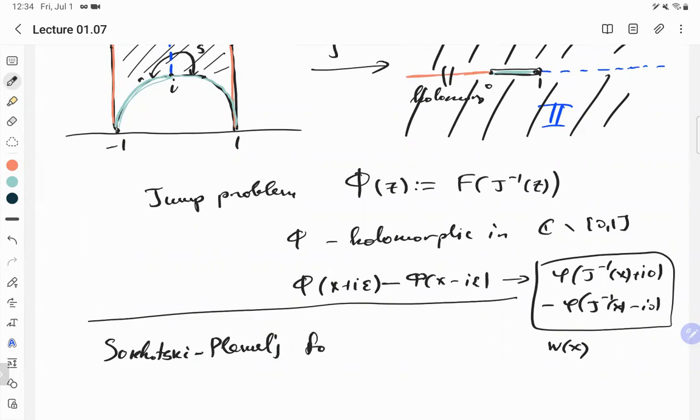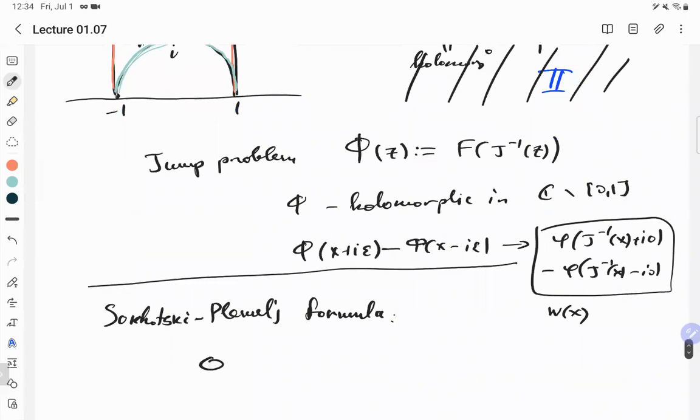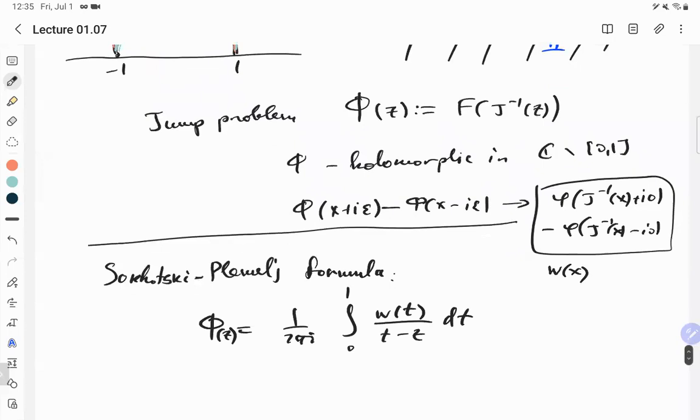So there's a formula, you use the Cauchy kernel. This phi is 1 over 2 pi i times the integral over this interval of W of t divided by t minus z. And what's important here is that this W is actually holomorphic.